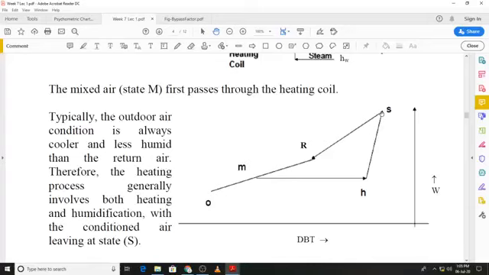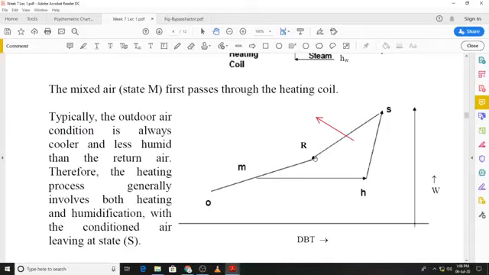Once you have reached the desired supply state, that is S, then you will supply it to the room, and in the room you can see that because of the heating load you will have the heat, being the latent and sensible heat, which is basically being lost by the room, and that is balanced by the supply air to the conditioned space, so that this room or conditioned space is maintained at state R. If we had supplied the air at state R directly, what would have happened is that because the air is losing heat to the air outside, we would not have maintained state R. The temperature and the humidity ratio would have dropped further.